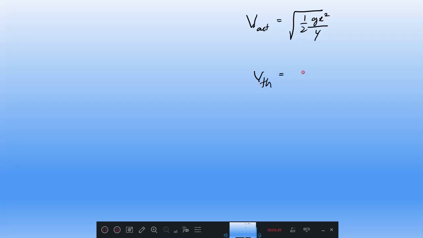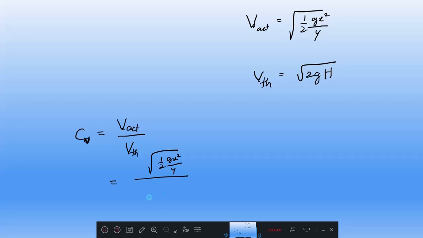Then what about theoretical velocity? We already derived in a previous class root 2gh. Now define Cv. Cv is v actual divided by v theoretical. Actual is root of half g x square by y divided by root 2gh.